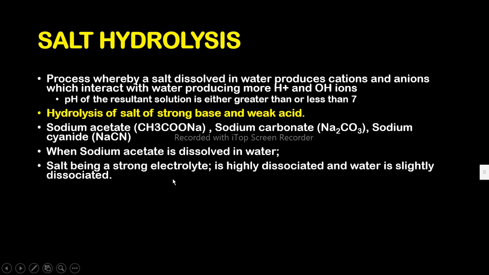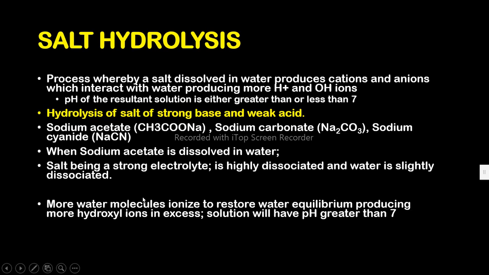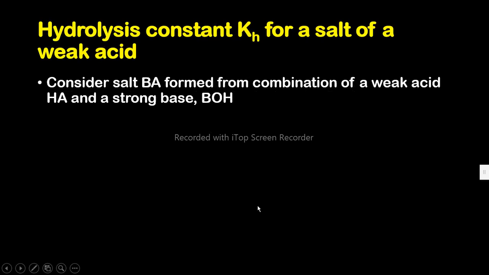The salt, being a strong electrolyte, highly dissociates, and then more water molecules ionize to restore the equilibrium, producing more hydroxyl ions in excess. So the solution will have a pH greater than 7. And I illustrated that.